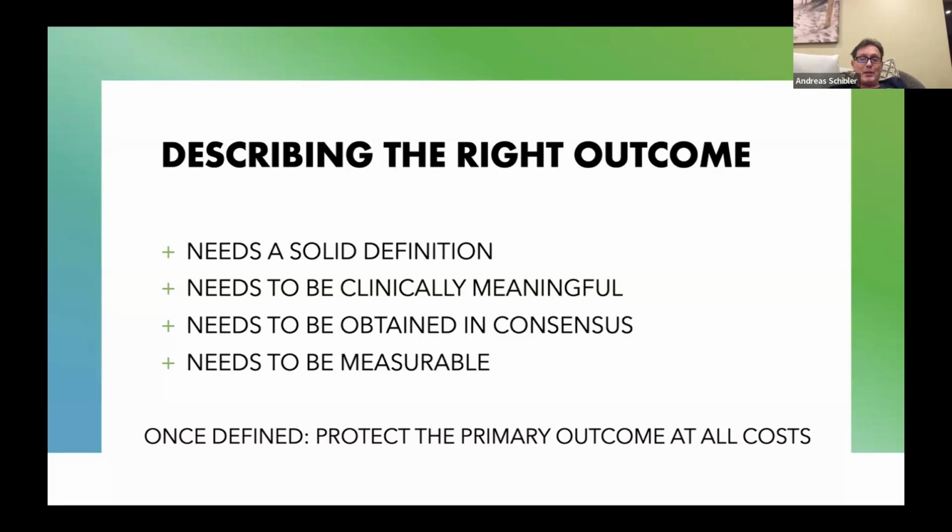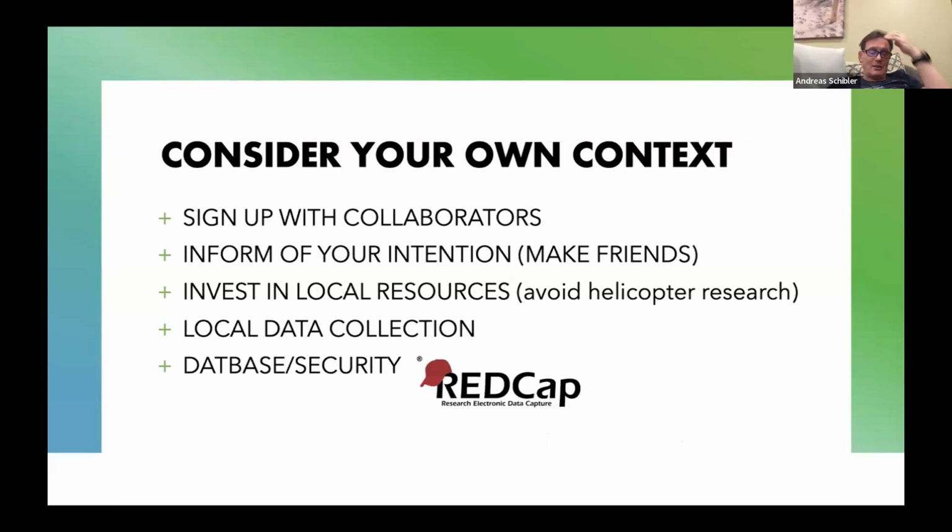Protect your primary outcome at all costs. And my research group is absolutely insane and can't hear it anymore, because whenever we have a discussion about changing the protocol and can we do it this way or this way or this way, I always say to them, okay, let's have a discussion, but we need to make sure that the primary outcome is not changed.